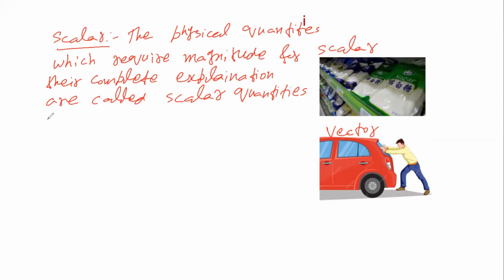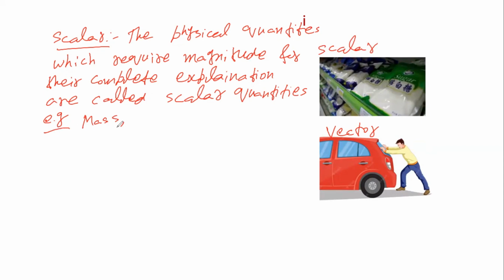So, for example, what can be a scalar quantity? Just like the mass, because you are buying sugar according to its mass only, which is 1 kg, 2 kg. So it is only explaining the magnitude.